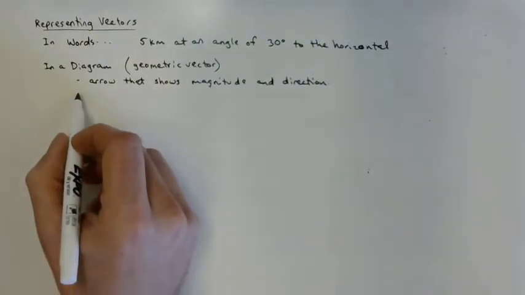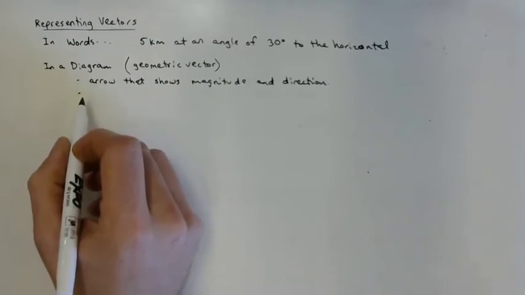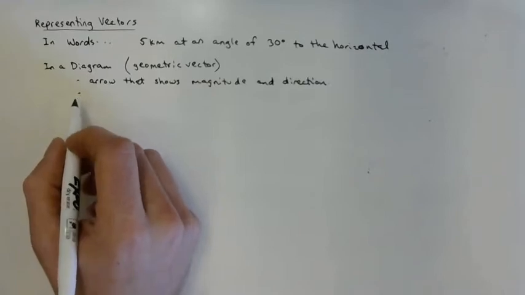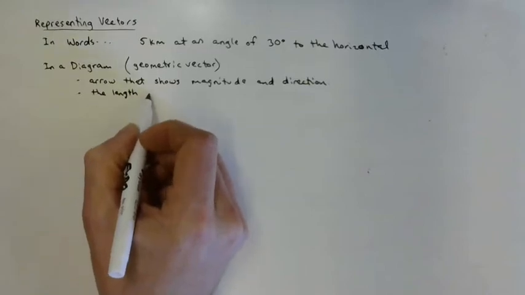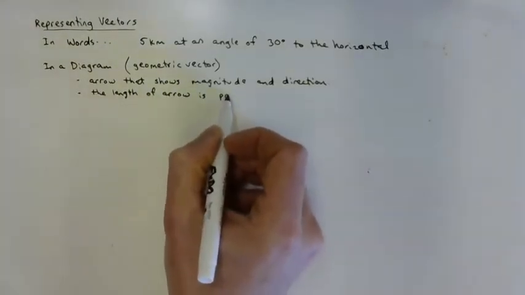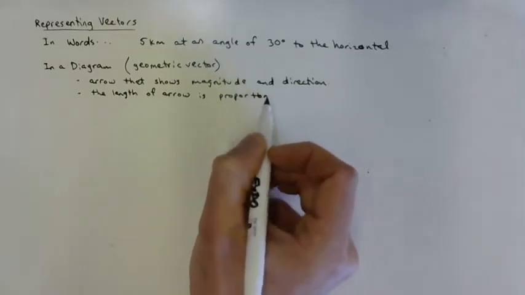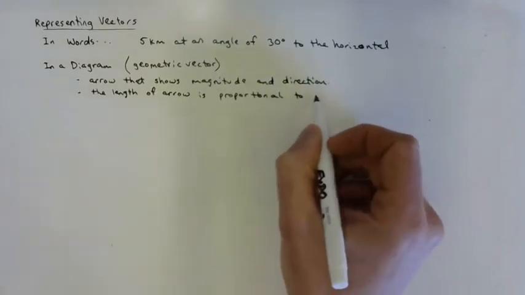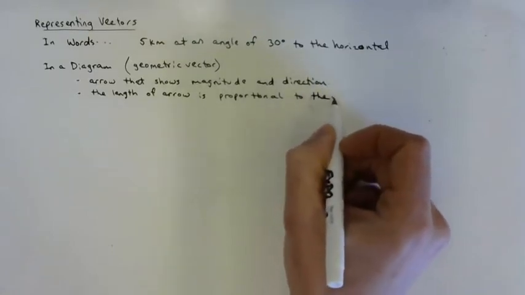So if you're just drawing one vector, one arrow, this sentence is kind of irrelevant, but if you're drawing multiple vectors on a single diagram, then the length of the arrow is proportional to the vector's magnitude.